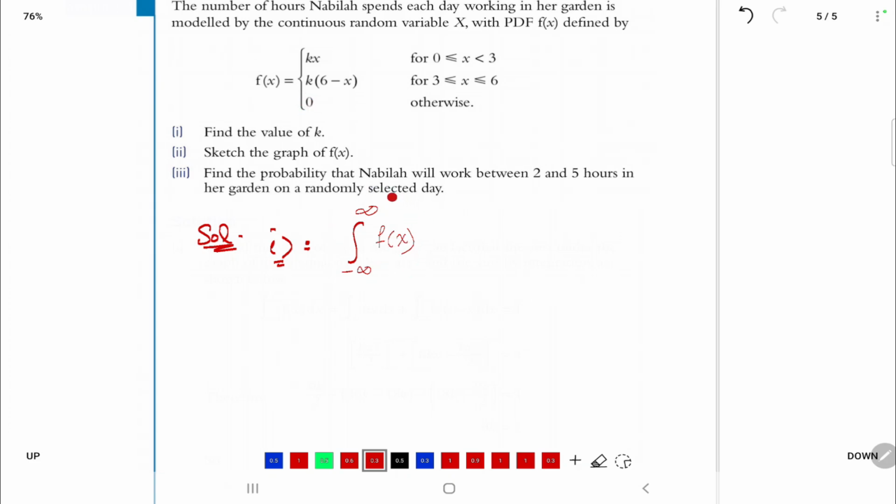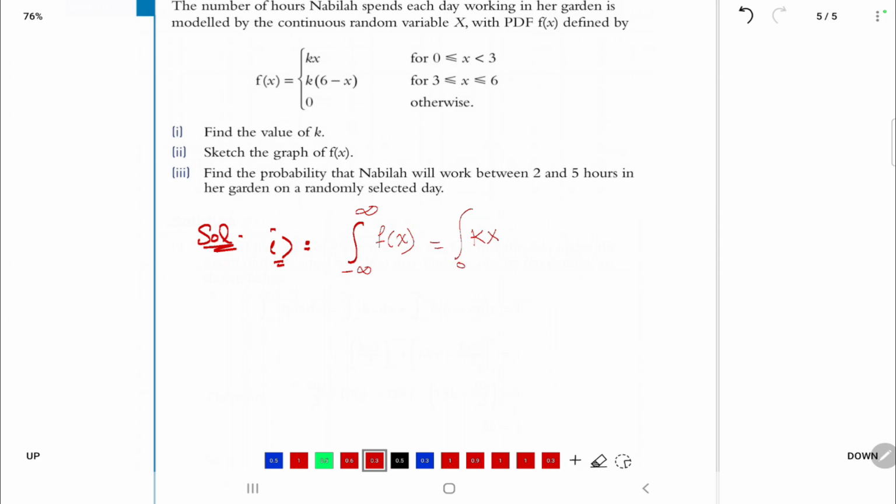So the integration of the function will be this part and this part, and we will ignore this one because it is 0. So f of x in the first part is kx, and the limit is between 0 and 3.